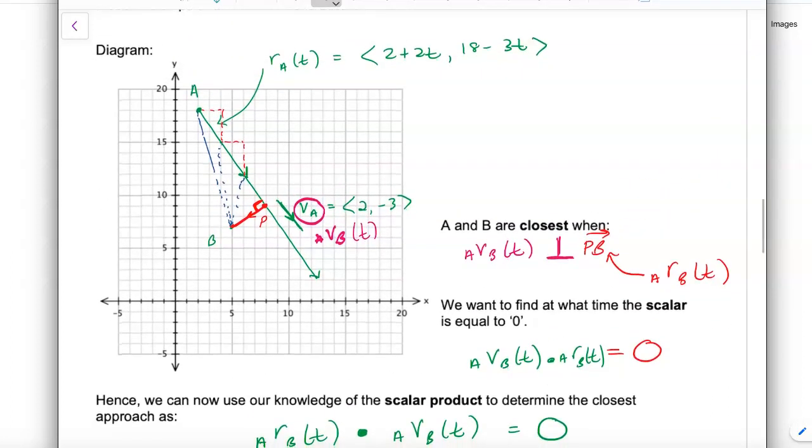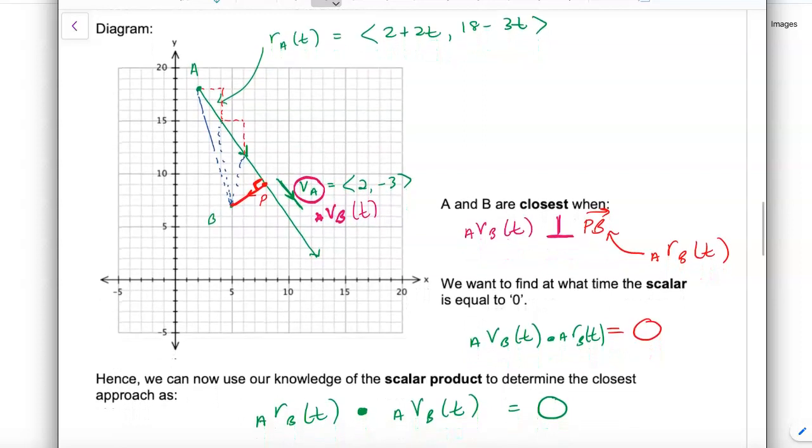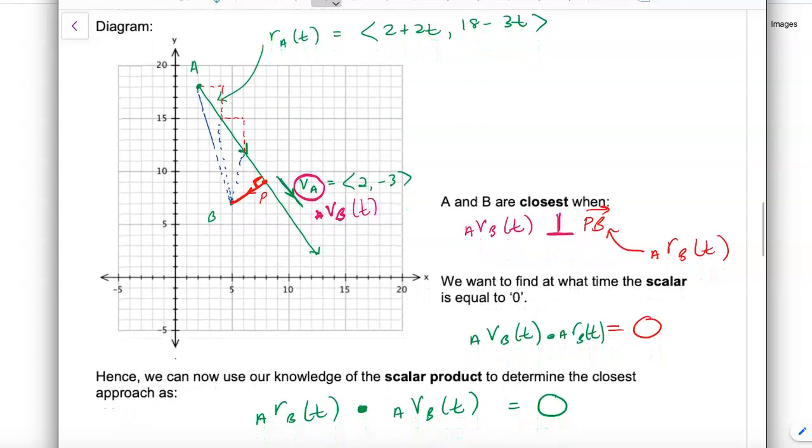So we've got our displacement of A up the top here that we've worked out. So we want that now relative to B. So we're going to slightly change this by now subtracting B, and the position of B is 5, 7.